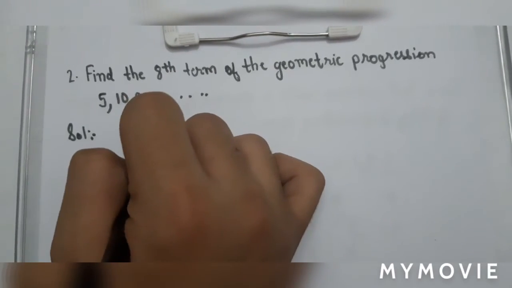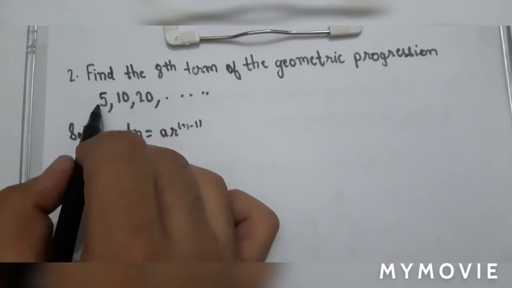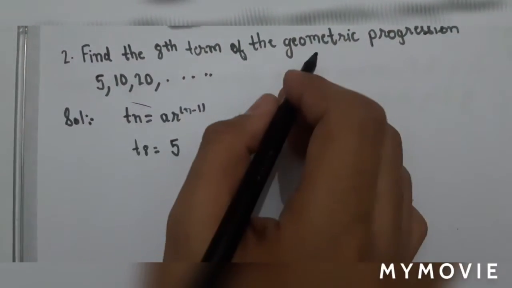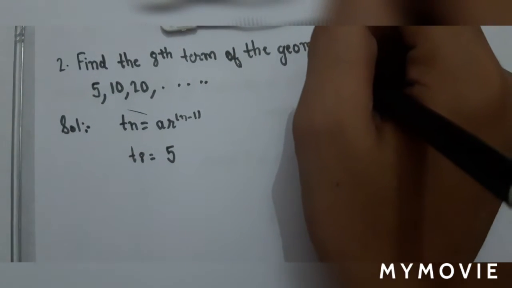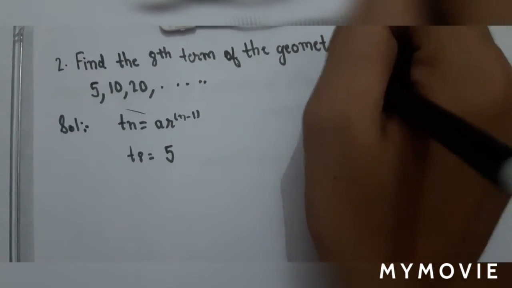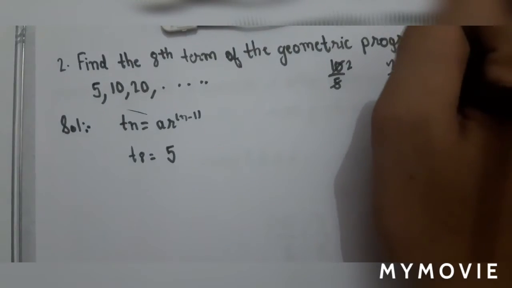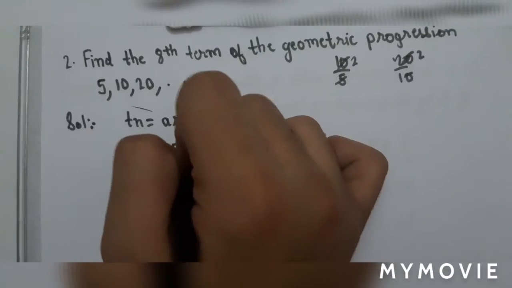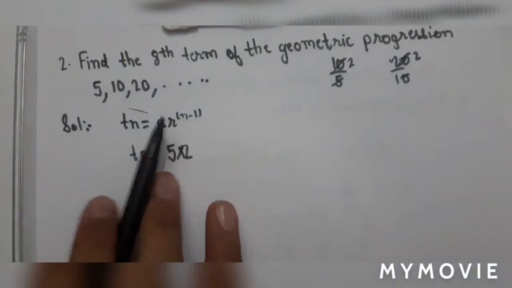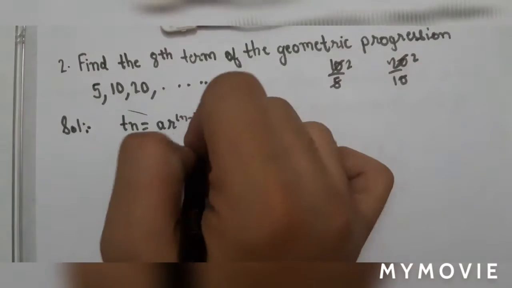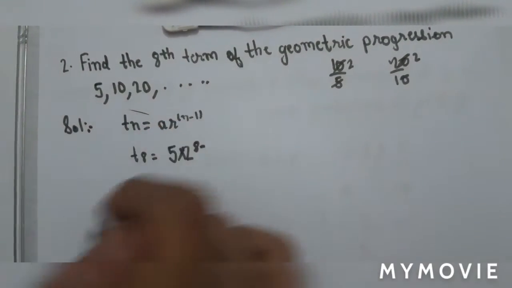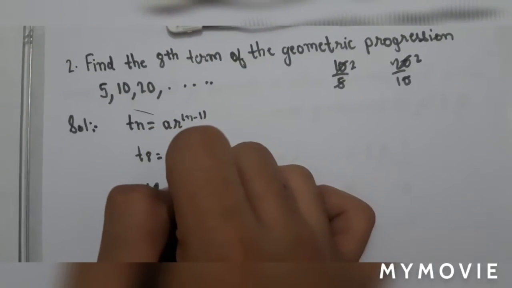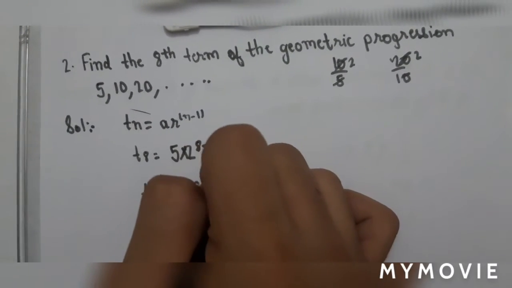The first term A is 5, and let's find the common ratio. 10 divided by 5 we get 2, and 20 divided by 10 we get 2. So the common ratio is 2. n is 8, so n minus 1 is 7. So T8 equals 5 into 2 to the power of 7.